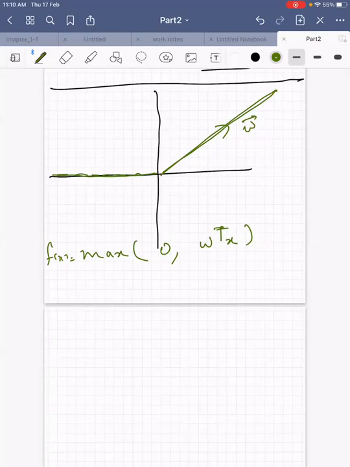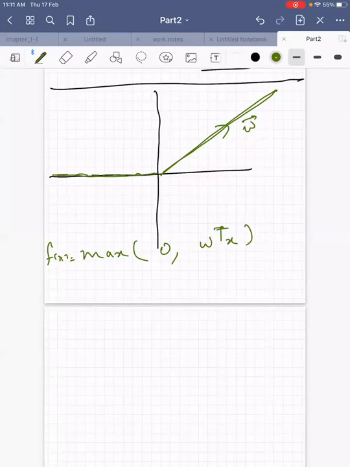Yes, sir. What is the subdifferential of this function? Sir, the line segment joining 0 and 1, because the slope... No, this. 0 and W. Yeah.